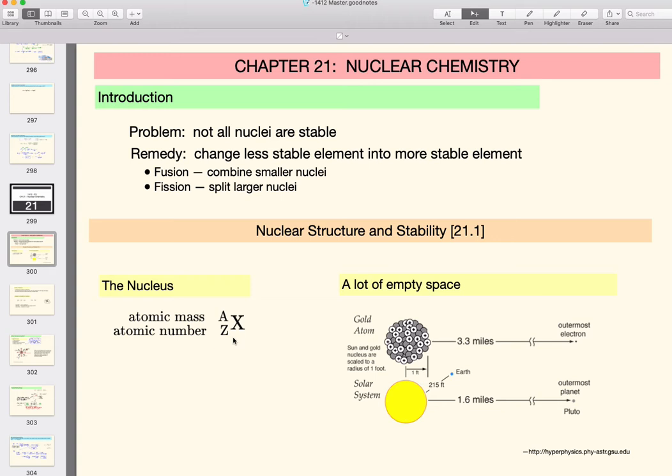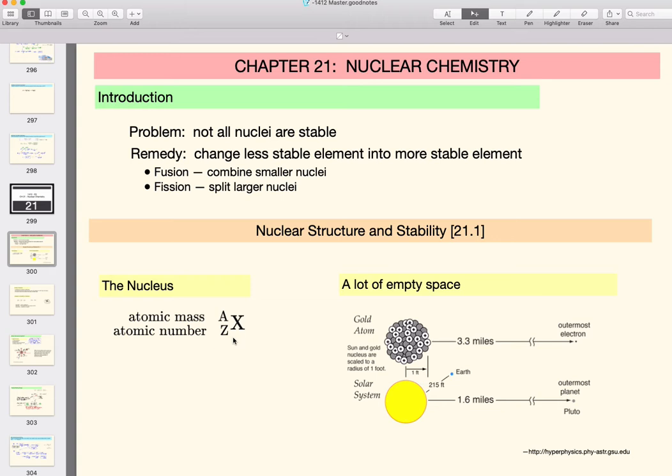The first thing you need to appreciate is that relative to the overall size of an atom, the nucleus is very, very small. There's a lot of empty space out there.